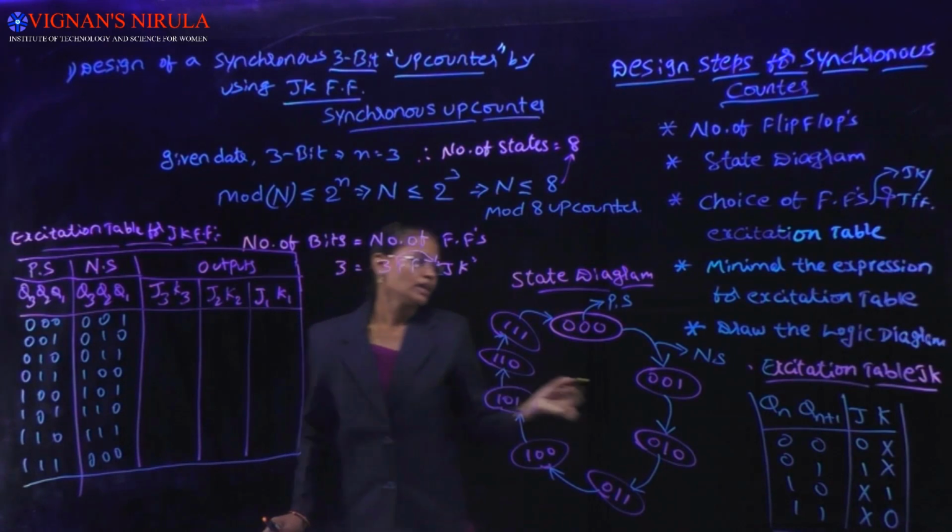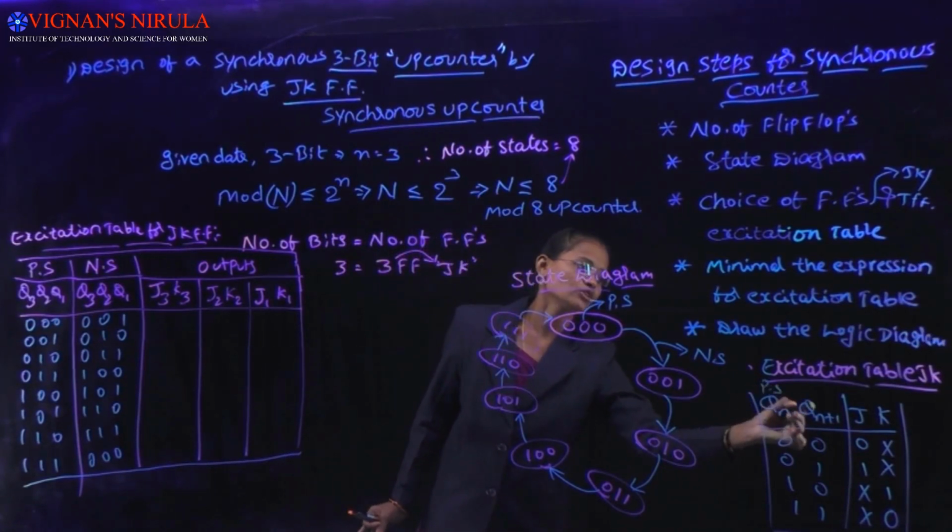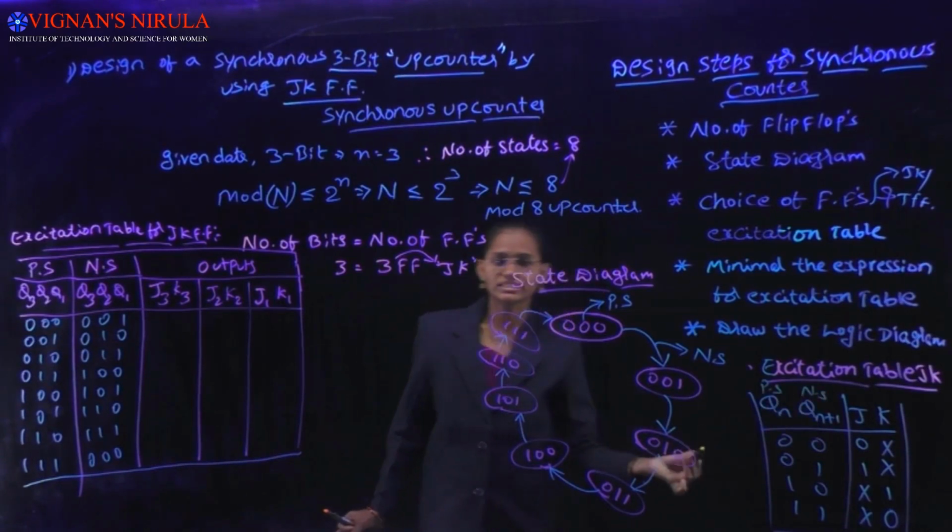Okay, here Qn is the present state, Qn plus 1 is the next state.